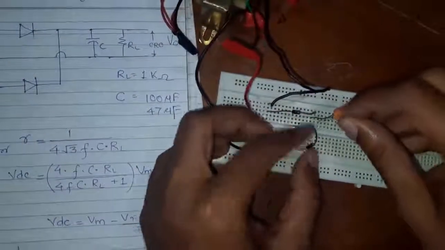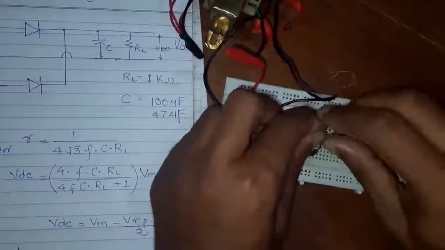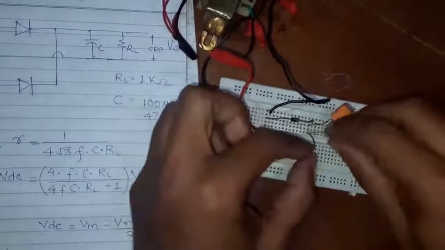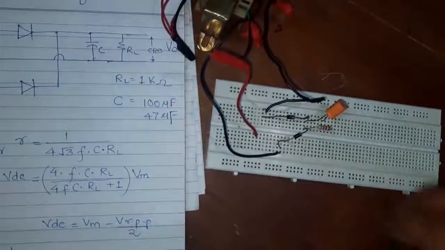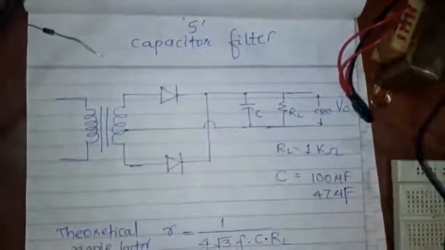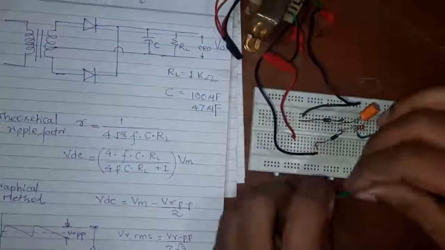Finally, this goes to the center tap winding, so we will be connecting this to the center tap winding here.